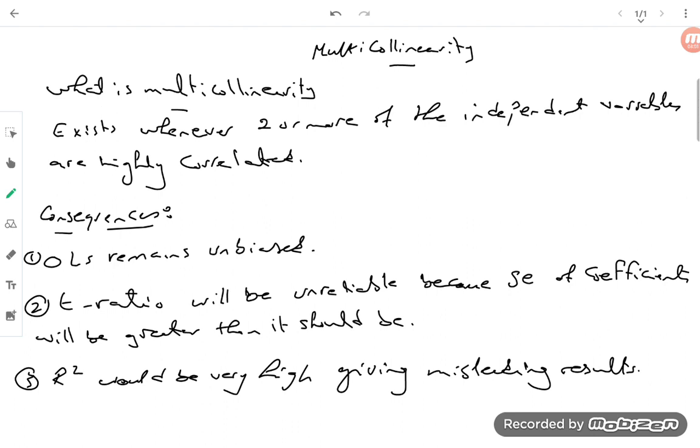Actually, OLS estimators and their standard errors are highly sensitive to any small change in the observations. Let's take an example. This is y, x1, and x2.